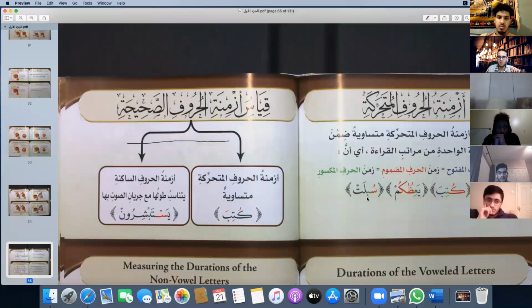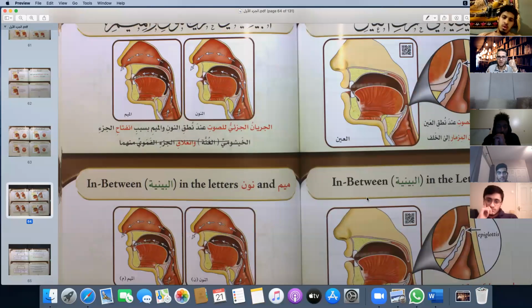Because according to those three qualities, shidda, rakhawa, and bayniya, the time of the letters when they are in the state of sukoon depends on them. The longest letters in the state of sukoon are the soft letters.